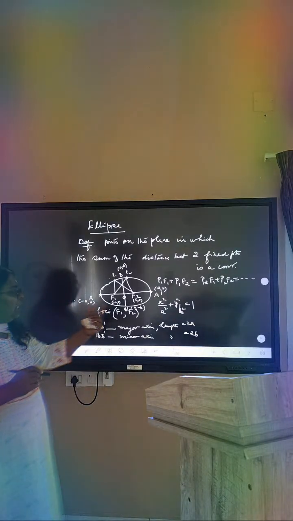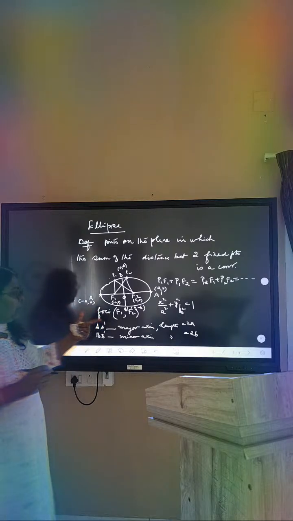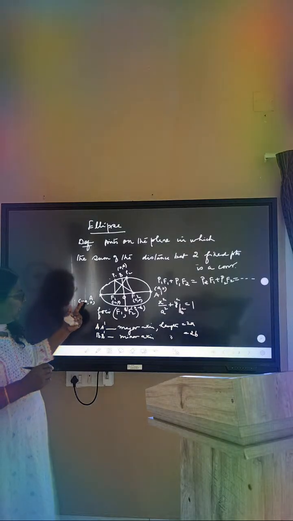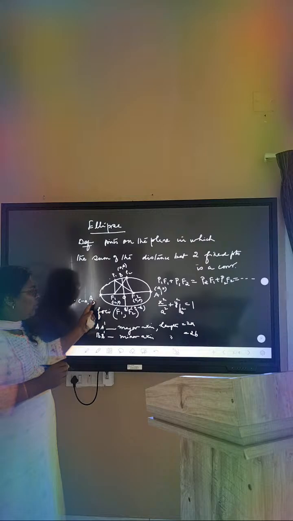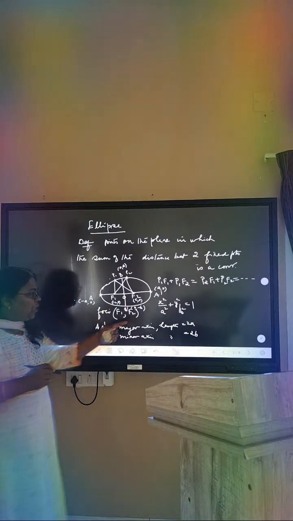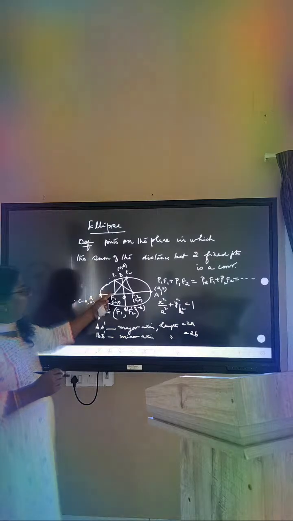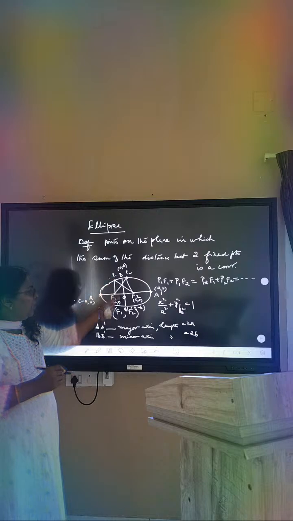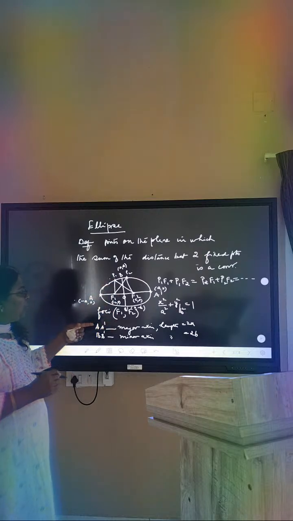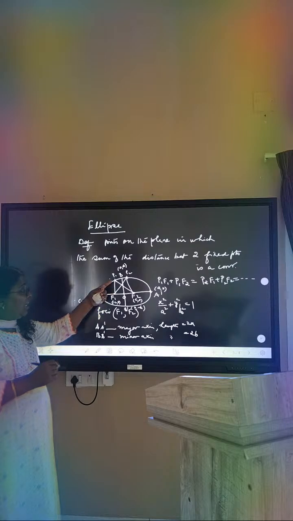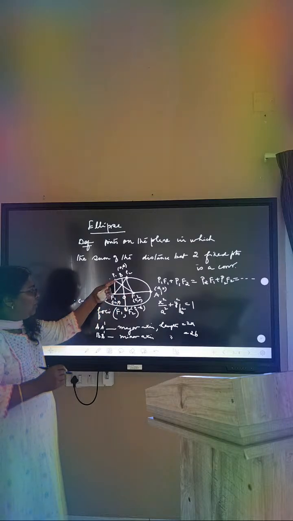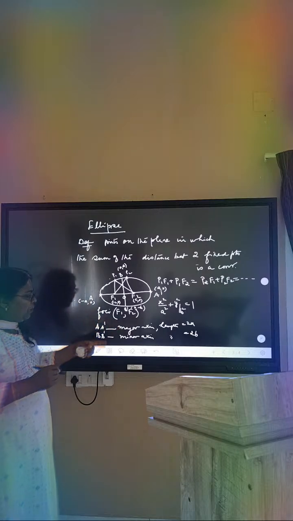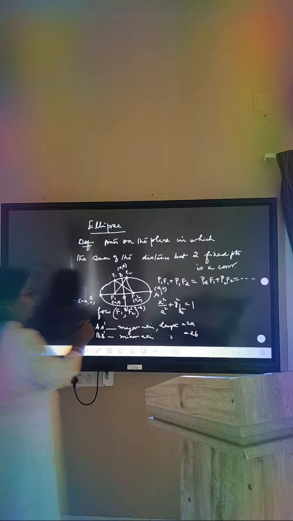A line passing through the foci meets the ends of the ellipse, and we call this the major axis, with length 2a. The center point of the foci is O. A line through the center perpendicular to the major axis is the minor axis. The length of the major axis is 2a, and the length of the minor axis is 2b.